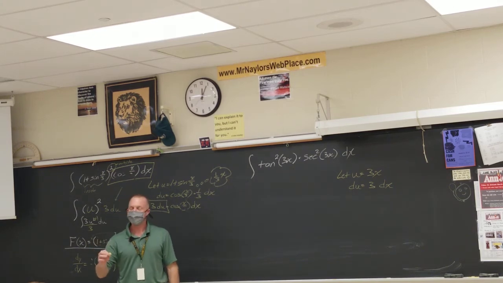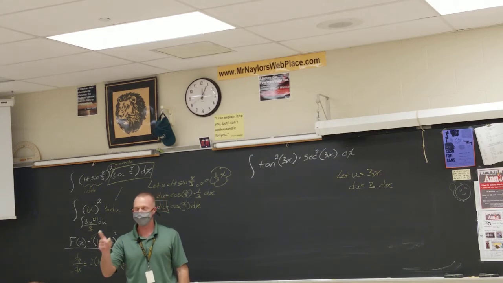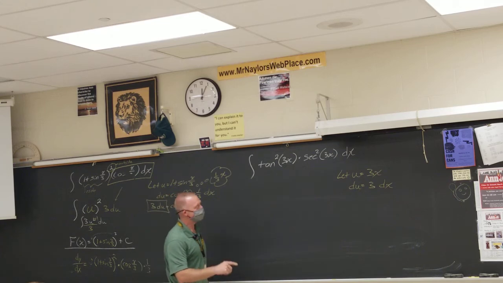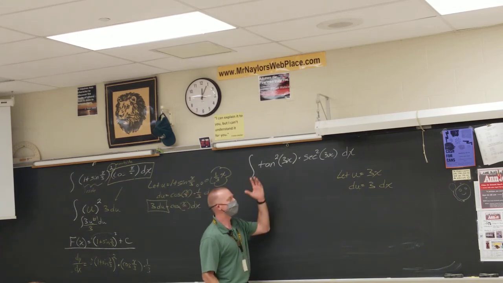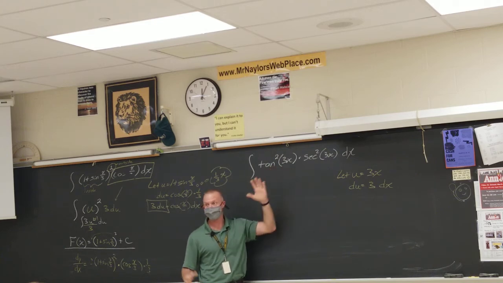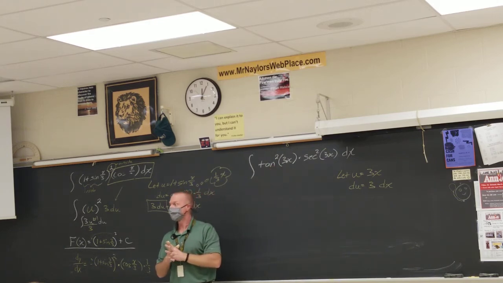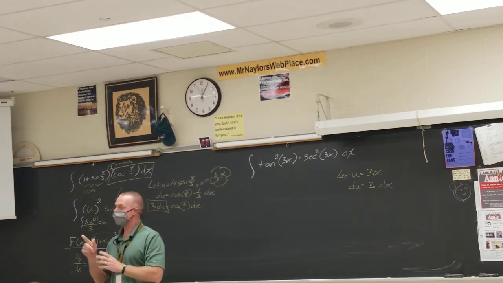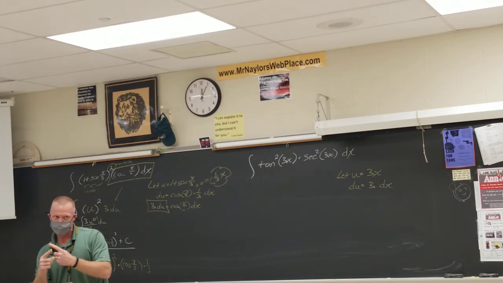Do you see a derivative cancellation connection? What if I said to you, do you see a function up here, basically either tangent or secant, because that's the only thing that's left, whose derivative is connected to the other one?